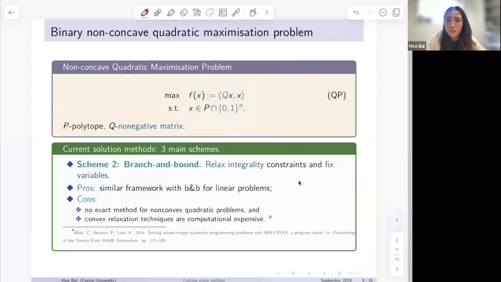But it also comes with obvious drawbacks. First, solving a non-convex continuous problem is itself an NP-hard problem, and convex relaxation techniques are sometimes computationally expensive. For example, a convex relaxation technique like SDP can be computationally expensive.